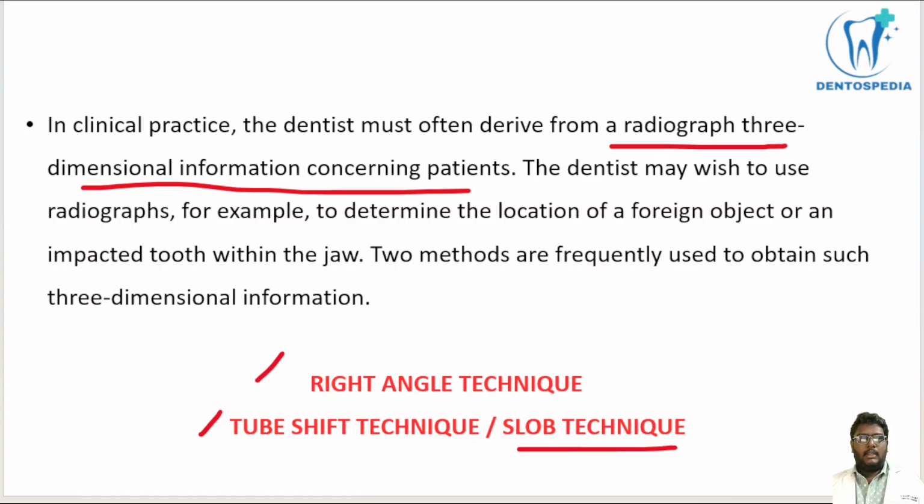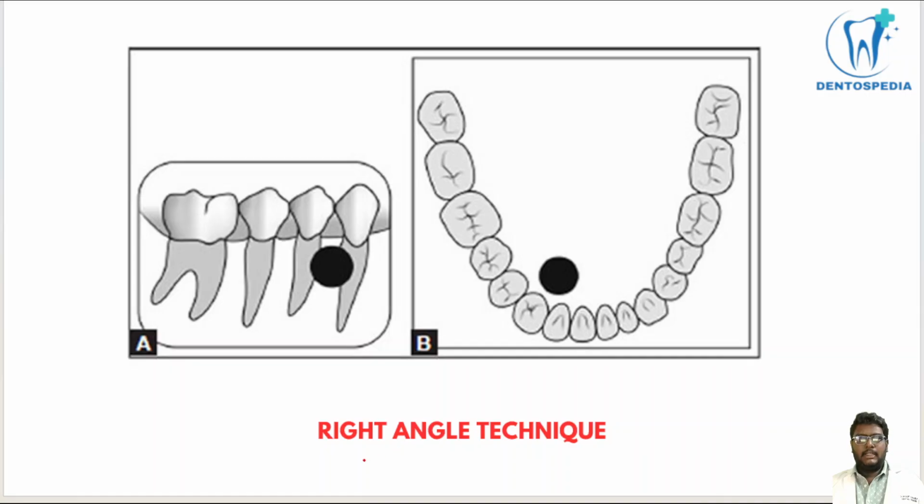Coming to the first technique, the right angle technique. For example, you have taken a regular IOPA and you have seen a radiolucent structure in between the two premolars. You can get information like where it is present mesiodistally in between the teeth, but you can't get information regarding its buccolingual position.